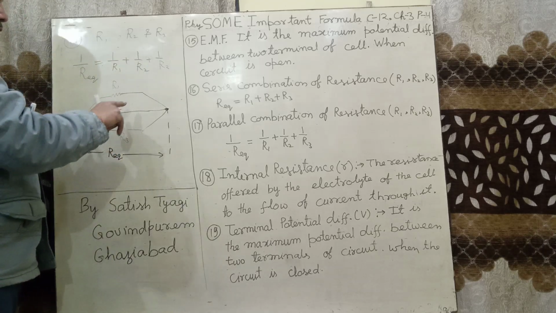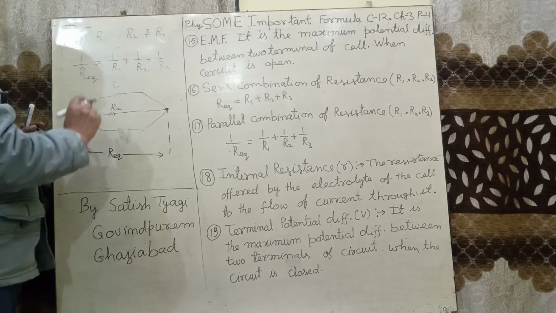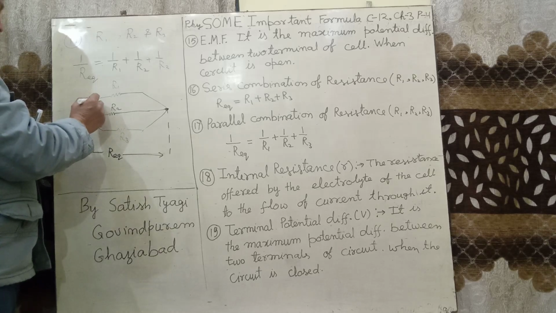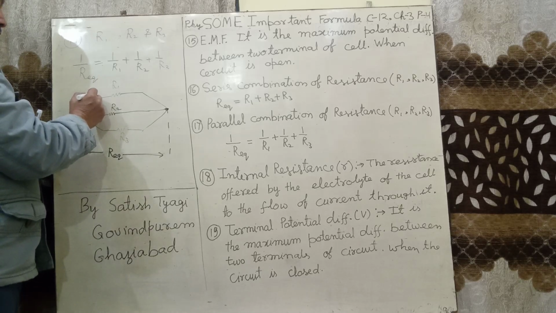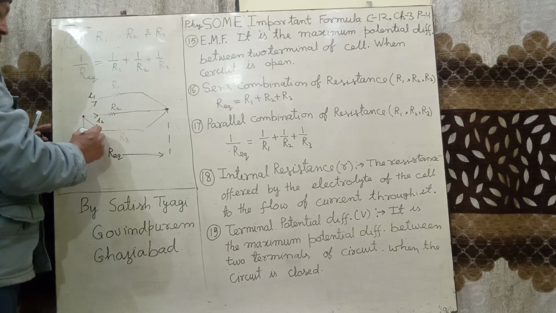In this combination, the potential across each resistance is the same and the current is different. Let the currents be I1, I2 and I3.